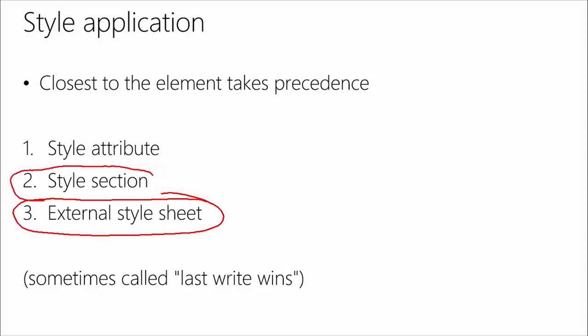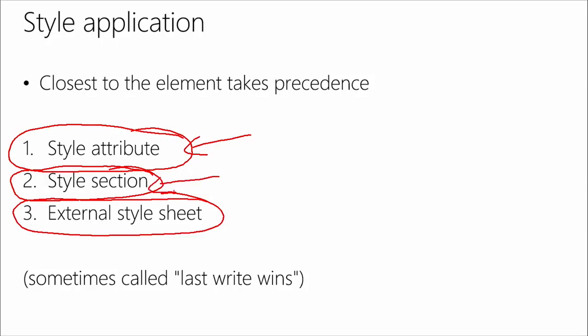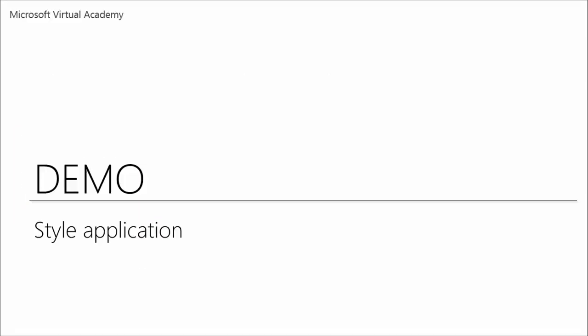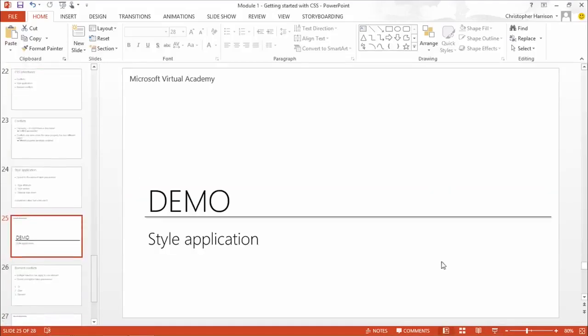Then it's going to apply the style section, and then the style attribute. Or if you like to be a more positive person, the style attribute takes precedence, then the style section, and then the external style sheet. So let's actually get in and do a demo here and see that in action.